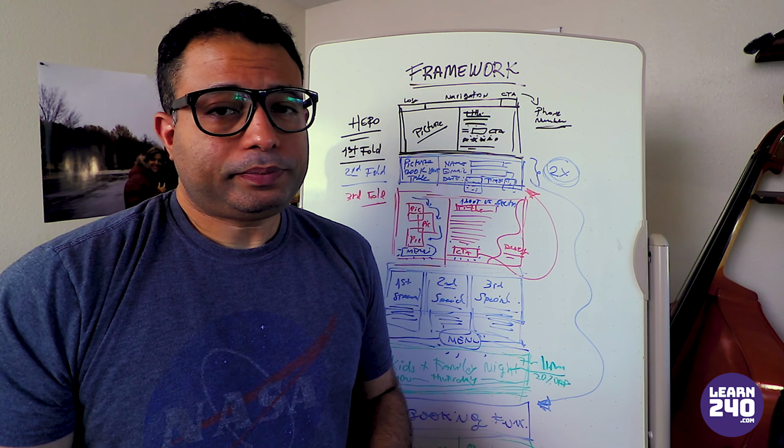Okay, then down below you're going to have just the footer. This is the final part of the page. We have subscription, subscribe to our newsletter. Then you have the footer.